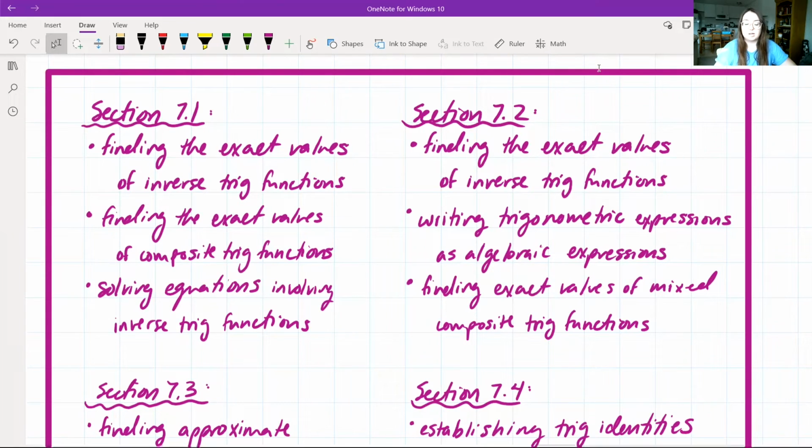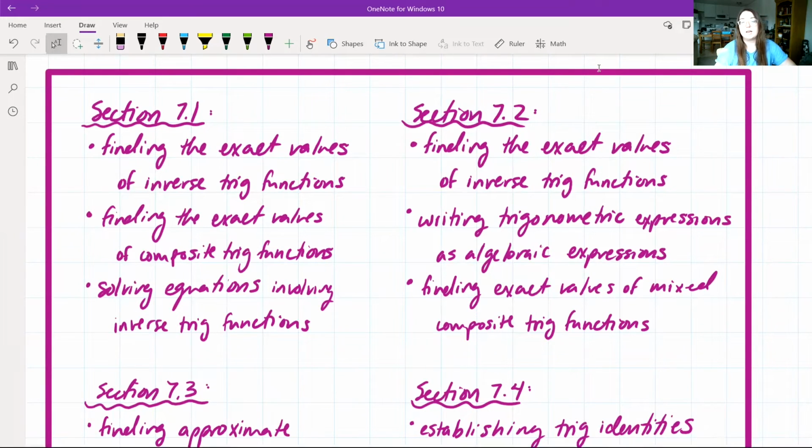So just to make a note of this, in section 7.1, when we talk about finding exact values of inverse trig functions, that's going to be sine, cosine, tangent. For section 7.2, with finding exact values of inverse trig functions, that's going to be with secant, cosecant, and cotangent. Then we want to focus on writing trigonometric expressions as algebraic expressions.